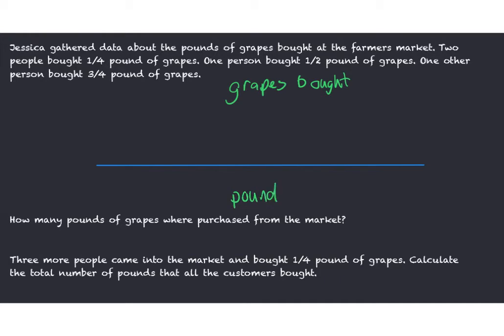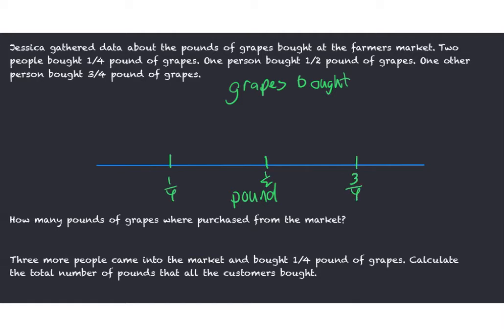And if I look at the data, it's similar to the last one in that our lowest amount was 1/4 and our highest amount was 3/4. So once again, I'm going to label this 1/4, 1/2, and 3/4.